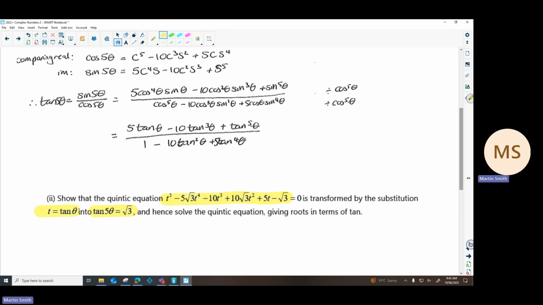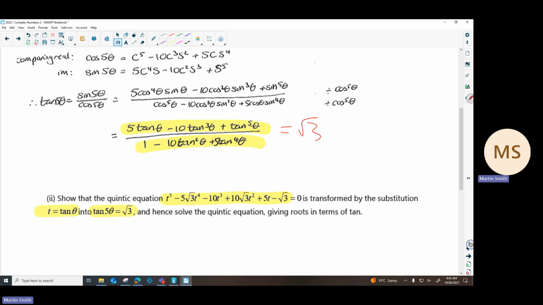So what I need to do is take the equation that we're given, rewrite it in a form where hopefully I can write it as that, because that's what tan 5 theta is equal to root 3. If I can show that that is root 3, then tan 5 theta is root 3. Now you can, if you want, replace t with tan theta straight away.